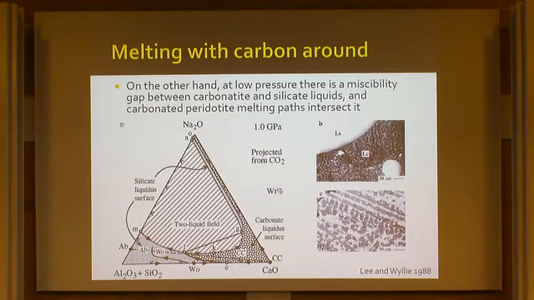But at low pressures, you tend to get two phases, either a silicate liquid and a carbonatite liquid, or unmixing. So a single phase at high temperatures, and then as it cools, it unmixes into carbonatite and silicate liquid, glass.